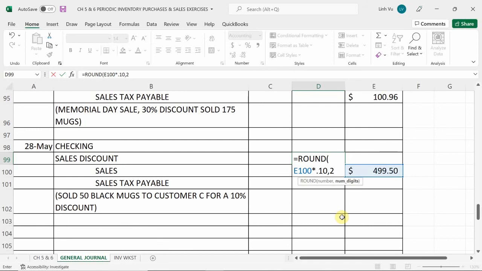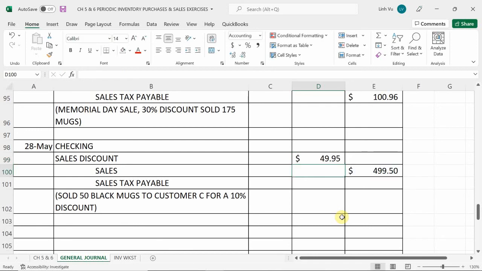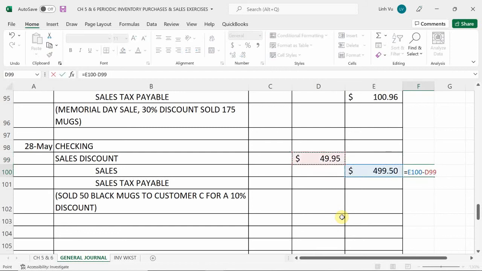$49.95 is going to be discounted. So therefore, it's at $449.55 is the actual price now.